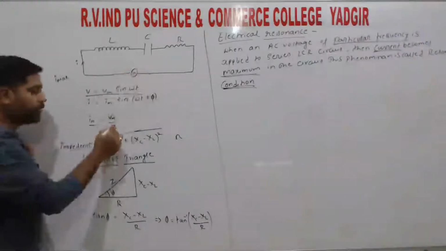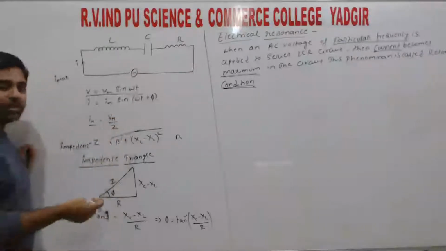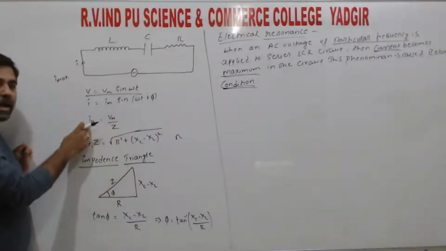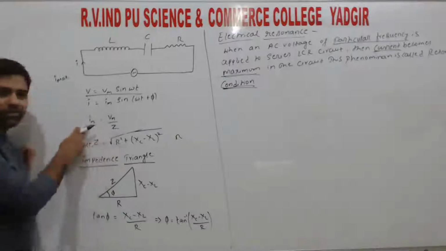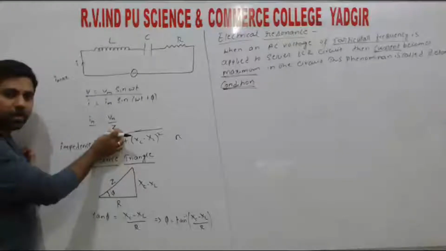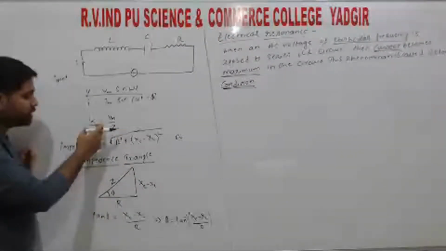So that becomes constant, and the only factor we can vary is the impedance. As we change the impedance, I changes, since the impedance is inversely related to the current. That means this value should be minimum for the current to be maximum.